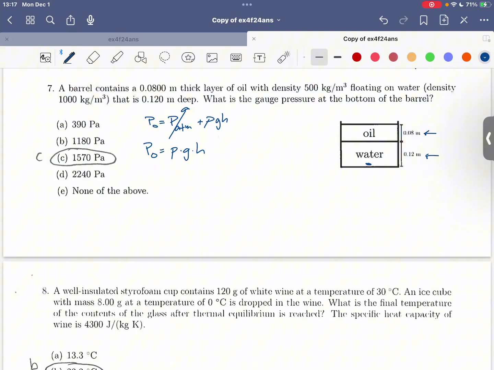So with oil, we would say pressure oil is equal to density 500 per meter cubed times gravity times height, 0.08 meters. And so when we multiply everything out, 392.4.